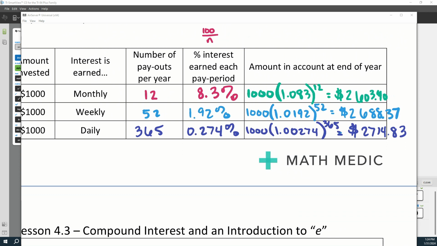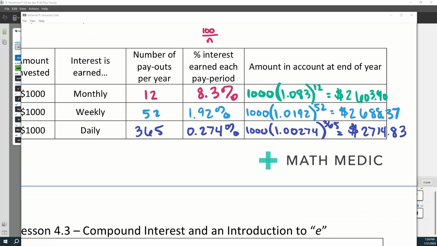Do you have a 0 right here? You did the same thing that Ryder did. So make sure when you're changing a percent to a decimal, you move that decimal point 2 places over. So the more often this interest is earned, the more money that you make. Any questions on that?